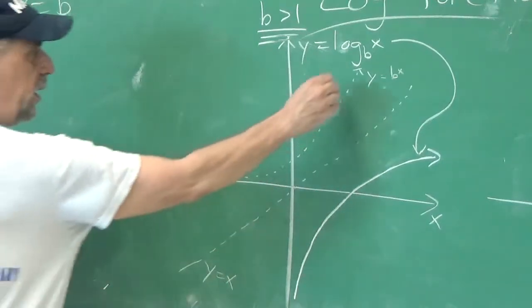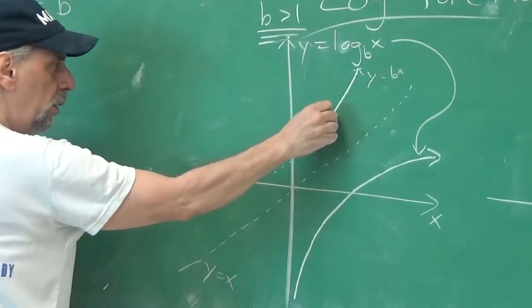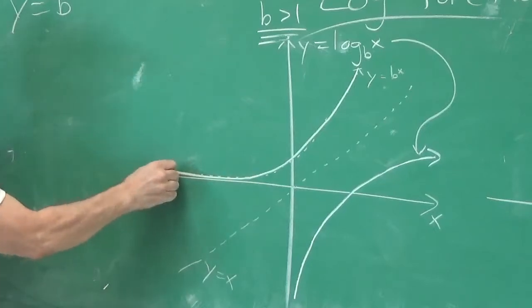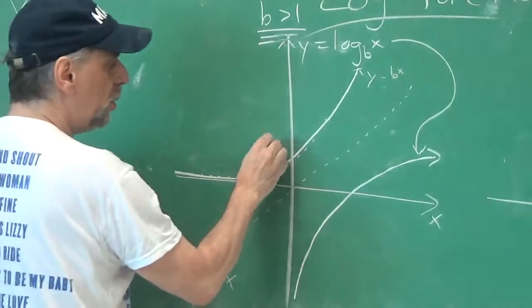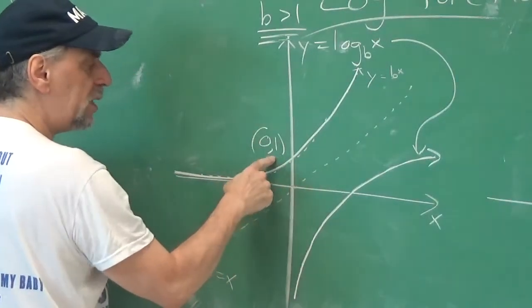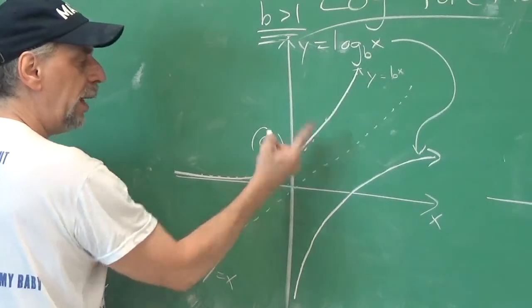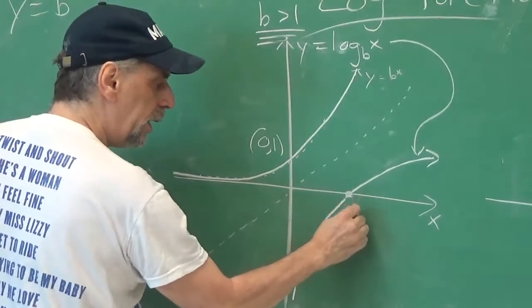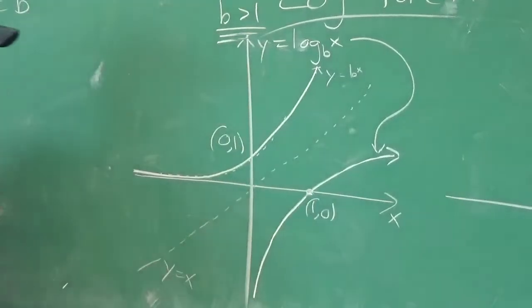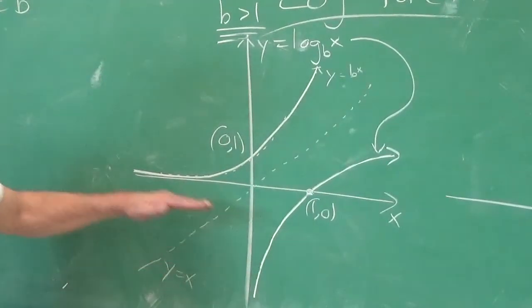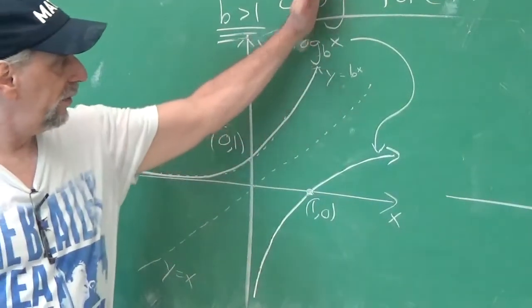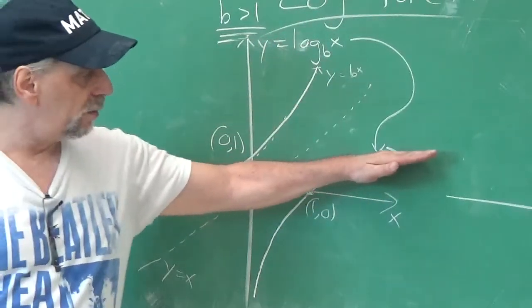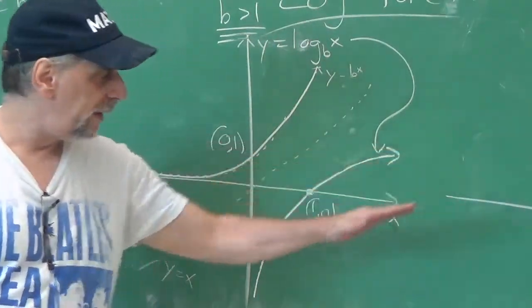So this was the exponential function. Notice the point (0, 1) was always on the exponential function. The inverse will have (1, 0) on it. So this is the log function. Notice the exponential function rises to infinity. This also rises, much more slowly, to infinity.